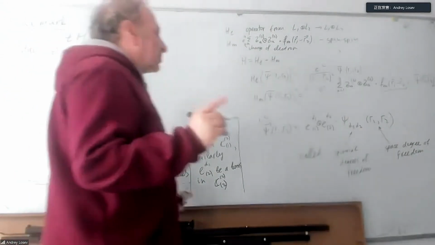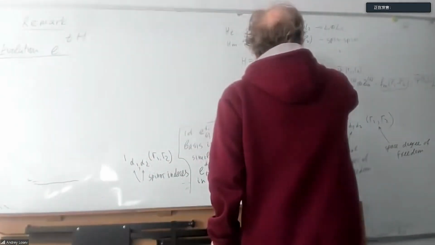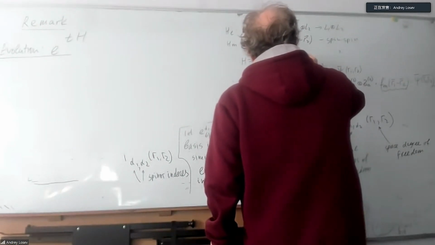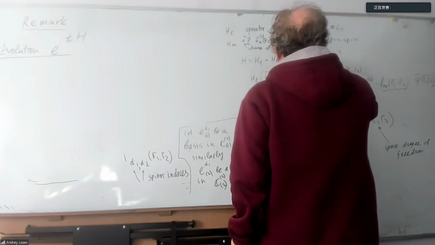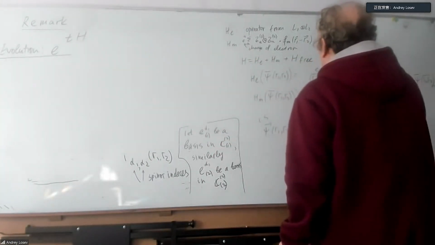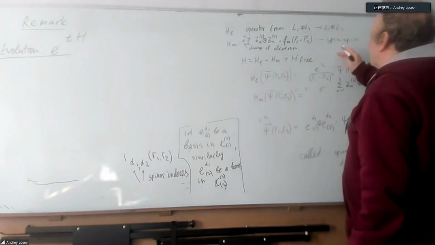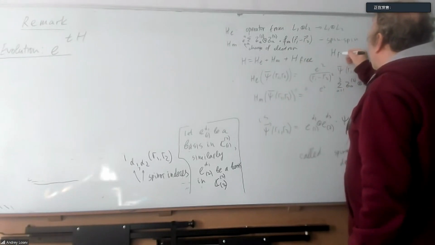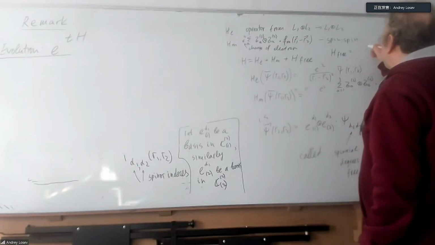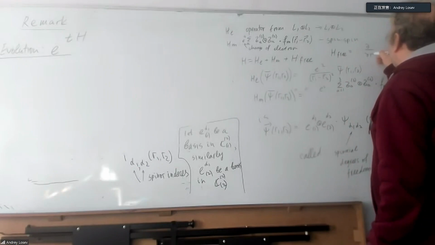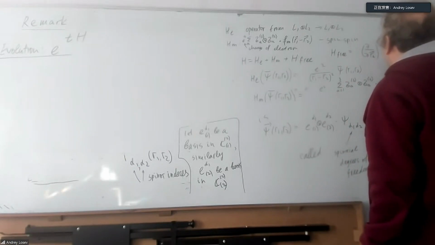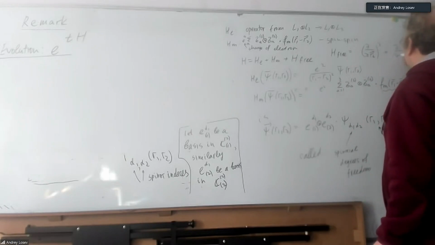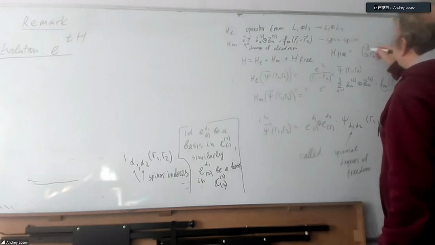I forgot something. I'm sorry. There is a term that I forgot, that is H3. And H3 is d over dr1 squared plus d over dr2 squared.